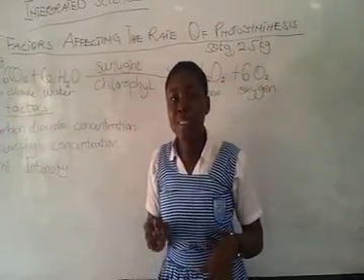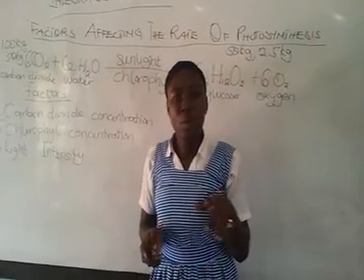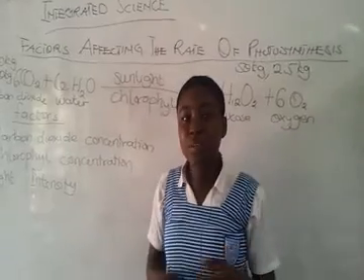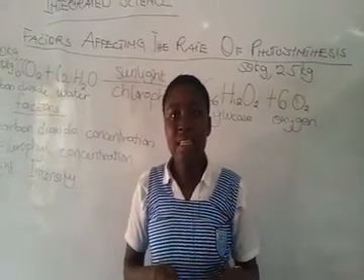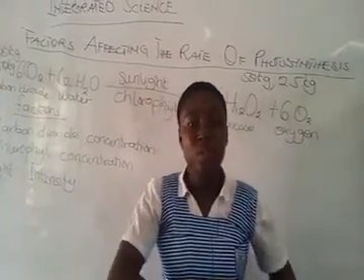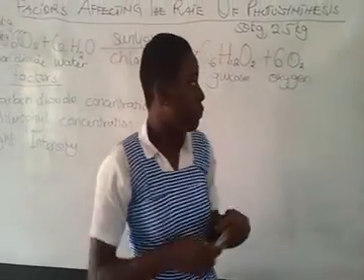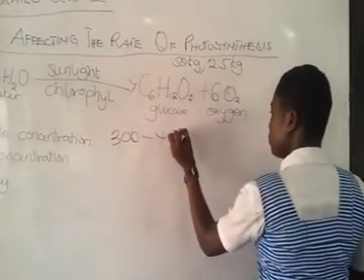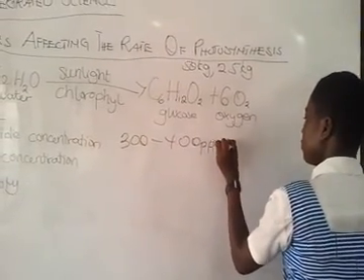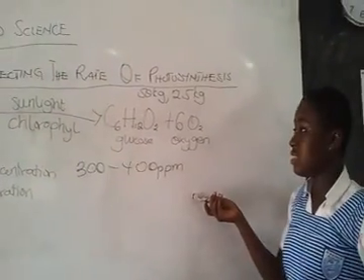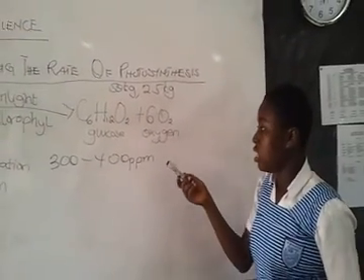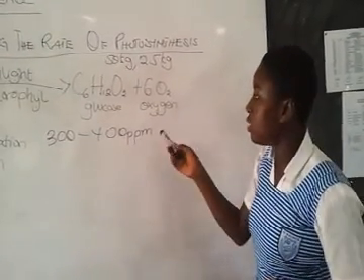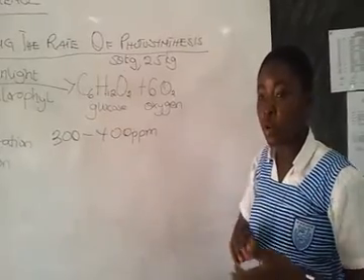So at a carbon dioxide concentration ranging between 0.03% to 0.04%, which is equivalent to 300 to 400 parts per million, any increase does not in any way affect the rate of photosynthesis. So with this range, let's say the concentration is increased to 450 parts per million. It won't in any way affect the rate of photosynthesis since the rate will remain constant.